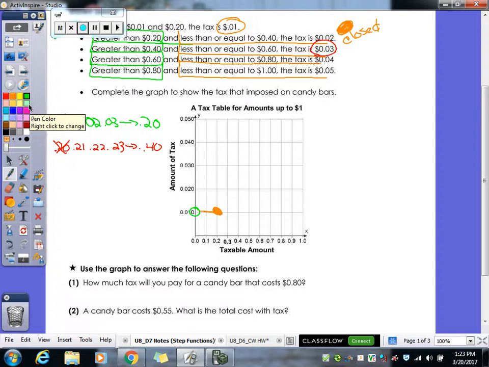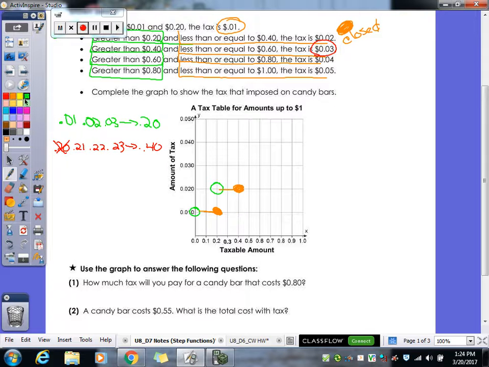So we're going to start again with an open circle. And we're going all the way to 40, closed circle. So let's just take a second and read this. So this says, if I buy something at 20 cents, I can't get taxed 2 different rates. I get taxed a penny. But as soon as I go 1 cent over 20, I'm going to get charged 2 pennies.